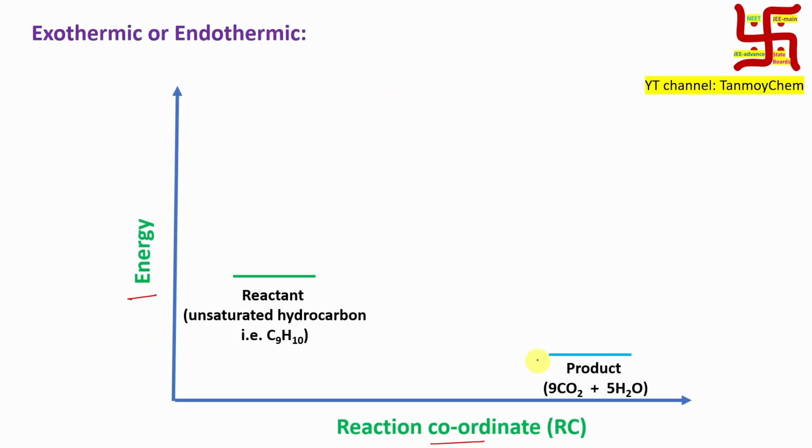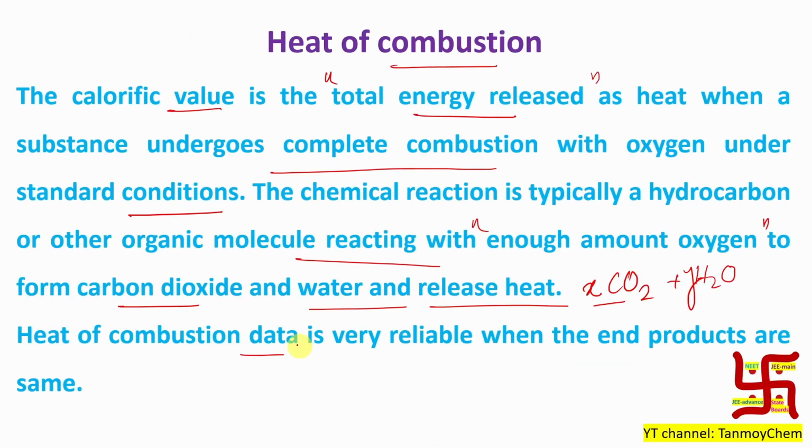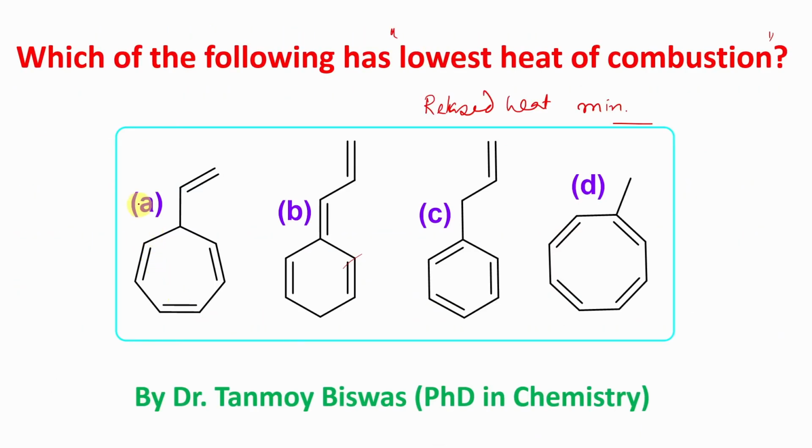Now if you look, this is your reactant, it is C9H10. By the way, do not get confused. If you look at all options A, B and C, all have the same number of carbon and the same number of hydrogen. You don't even need to calculate. Look, all are monocyclic and all have 4 double bonds, so the double bond equivalent is the same for everyone.